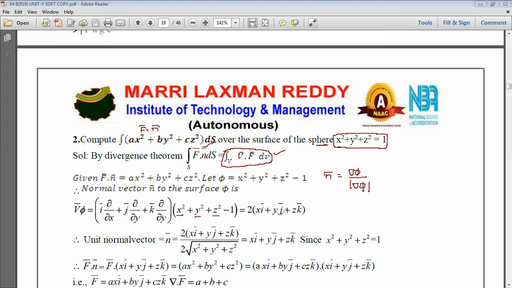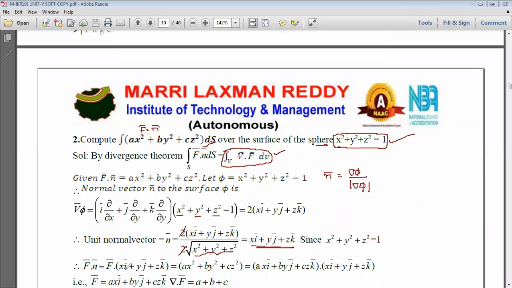So 2xi plus 2yj plus 2zk. So the normal vector is del phi by mod del phi, which is 2xi plus 2yj plus 2zk by 2 into the square root of 4x square plus 4y square plus 4z square, which is 2 outside, and already they gave x square plus y square plus z square equal to 1. So the 2s both cancel. What remains is xi plus yj plus zk.